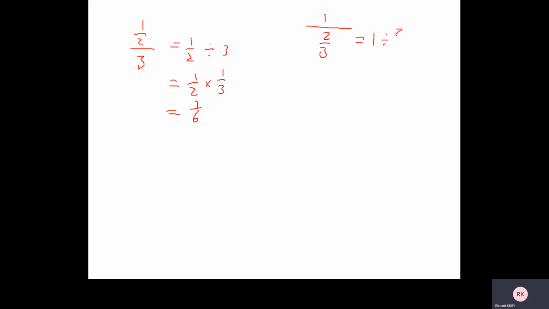Okay. 3, 2, 1. Let's see what we've got. Yeah, this one was a bit more divisive. Let's do it on here so that I can share it with those that aren't in.